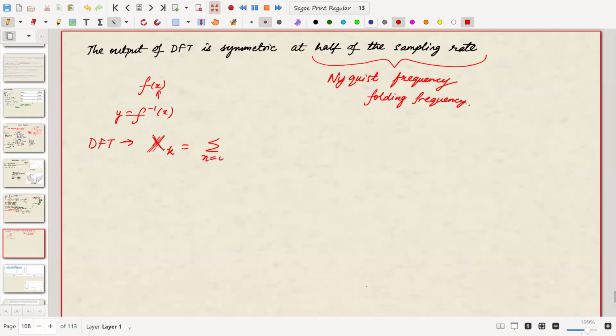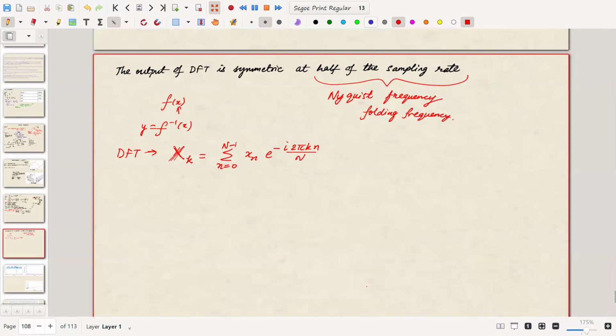You have capital N number of samples, so it is going from small n equals 0 to capital N minus 1. And you have xn times e to the power minus i 2 pi kn over N. Check, is it the same or any notational difference? No notation change, yes.